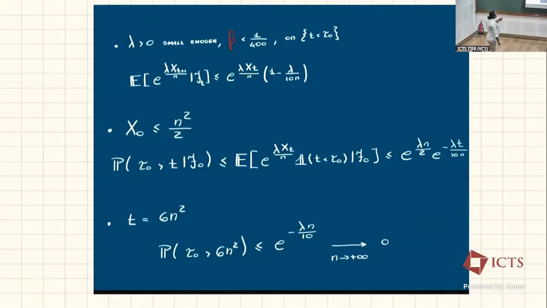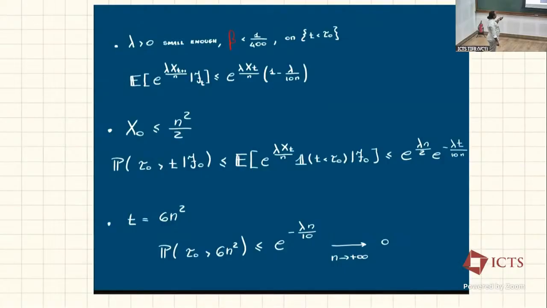And since x naught is less than or equal to n squared by 2, you consider the probability that tau naught is bigger than t, conditioned on the information. So this is bounded by this expectation, and you bound this expectation by iterating this result t steps, so that you will get e to the power lambda x naught over n times (1 minus lambda by 10n) to the power t.